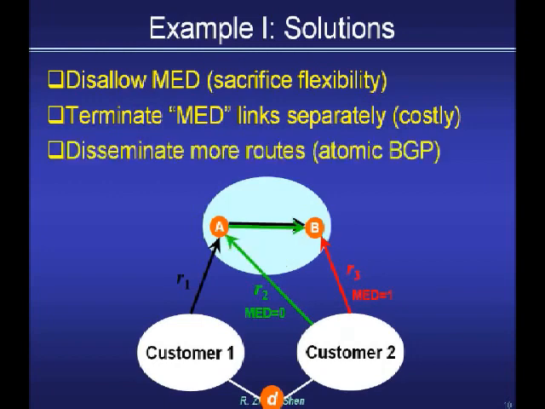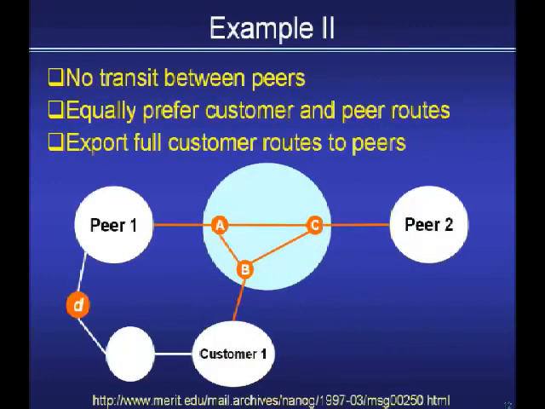And our proposal is to say that router A really should tell router B both routes, right? And if router B knows both routes, it will not pick the red route. I mean, it knows all three routes. And we call this atomic BGP. I will talk more about it later. Okay, let's go to example 2.